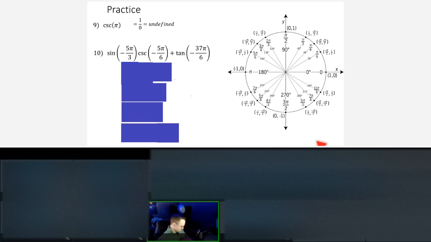All right, what is our answer for number 10? -5/2. Question mark? Caitlin, what'd you get? So I'm pretty confident -5/2 is not correct.